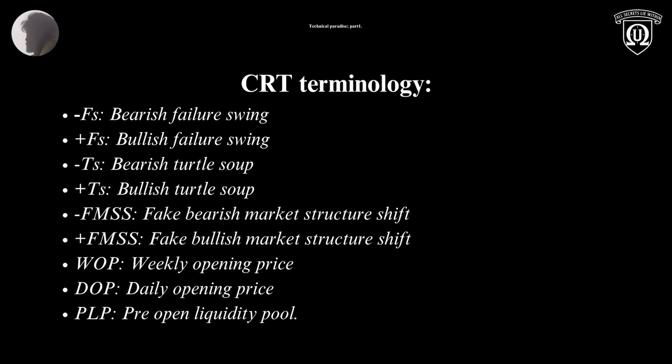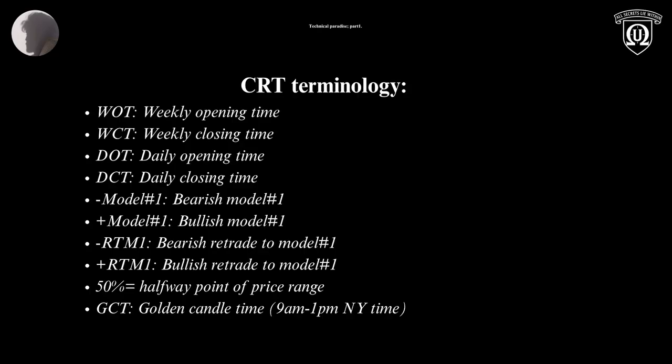Turtle soup, fake market structure shift, fake bullish and bearish market structure shift, weekly opening price, daily opening price, pre-open liquidity pool, weekly opening time, closing time, daily opening time, and closing time, model number 1, bullish and bearish, retrade to model number 1, which is either an OTE or a direct trade right after the model 1 is created. And we'll see all of these. There's a special chapter on entry models.